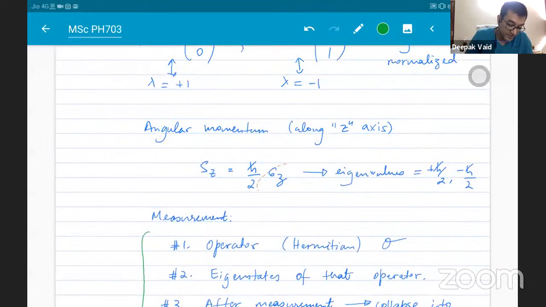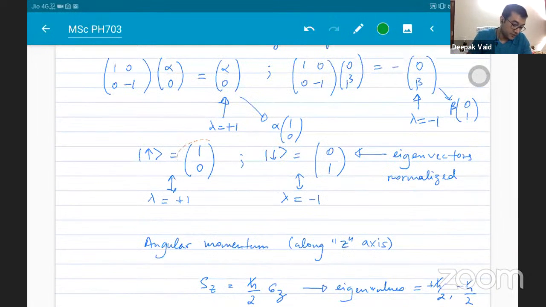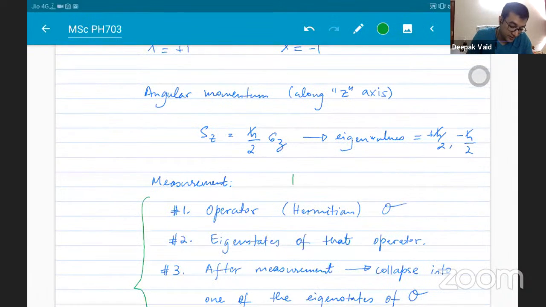So what happens when I measure this spin operator? The system collapses into either this state or this state. To begin with, the system was in a superposition of these two states just before the measurement happened.